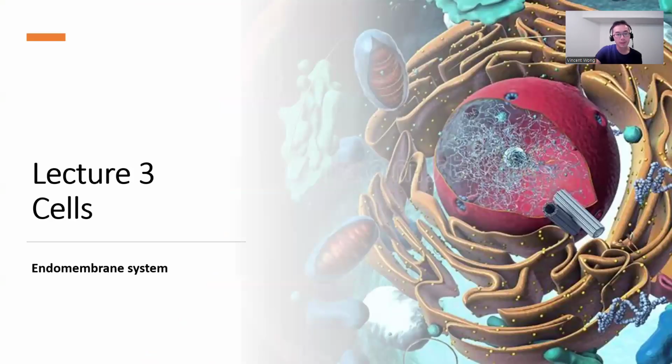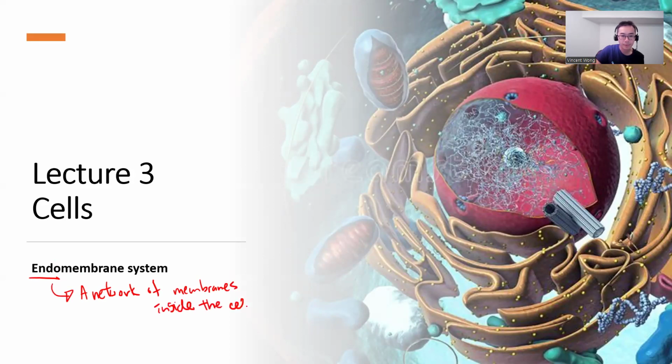Okay, let's briefly talk about the endomembrane system. Endo means within, right? So basically the endomembrane system is a network of membranes inside the cell. If you drew the picture along with me, we actually have several components in the drawing already that belong to the endomembrane system.